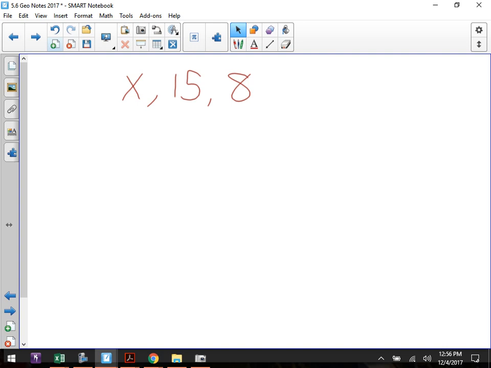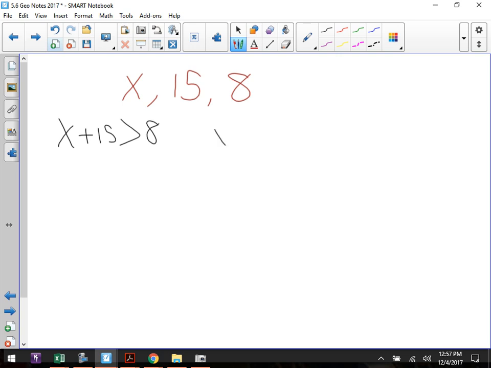Watch what happens. You're going to want to write out 3 separate inequalities.